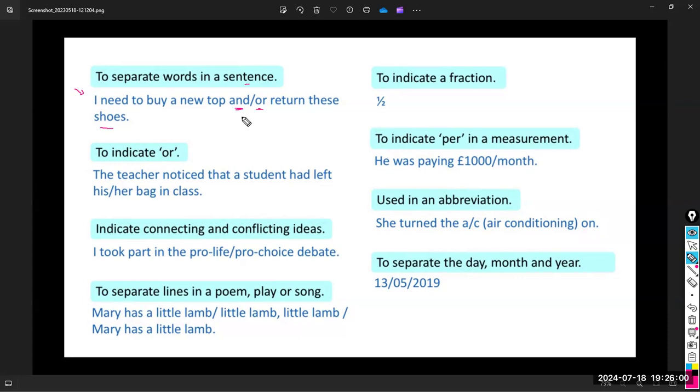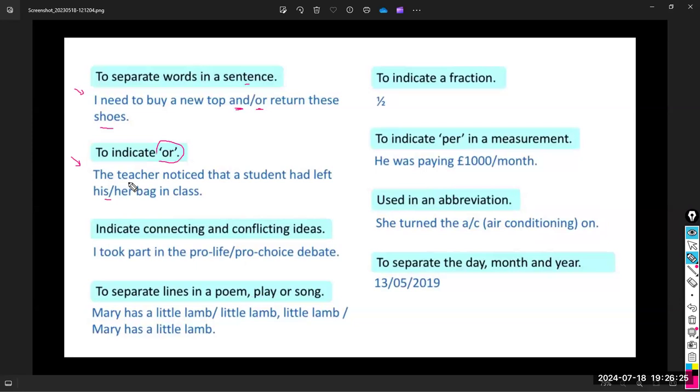But you have to write slash in writing. But in speaking, in rule number one, you have to say or. In speaking, yes, in writing, you have to write slash. But in speaking, you have to say or, okay?